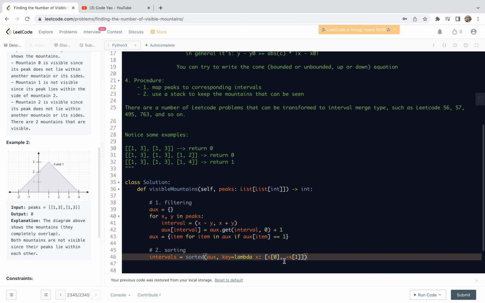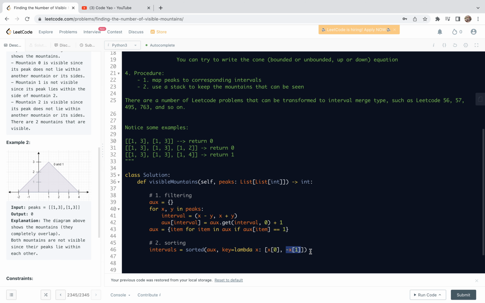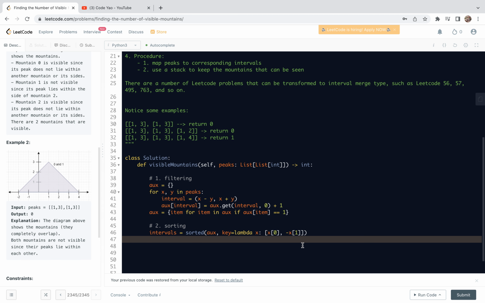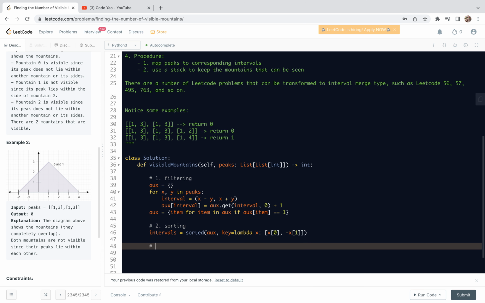For the purpose of solving the problem, it's actually not necessary to do the secondary sorting, but if we do this, it brings some convenience and shortens the code. With that said, we finished the filtering and sorting.